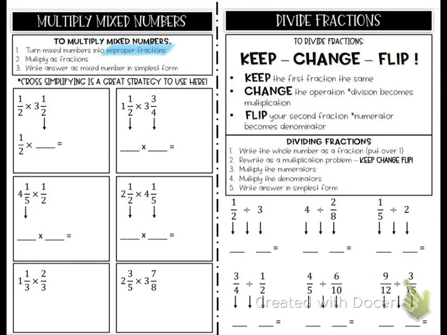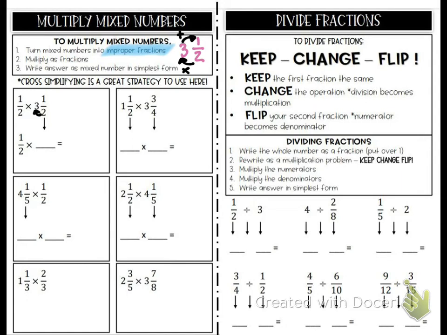So to turn it into an improper fraction, let me draw it over here, and I want you to do the same. I'm going to use the example in the first one, 3 1/2. So here you need to multiply, and then that answer, you're going to add it to the top. Okay, so multiply, then add.